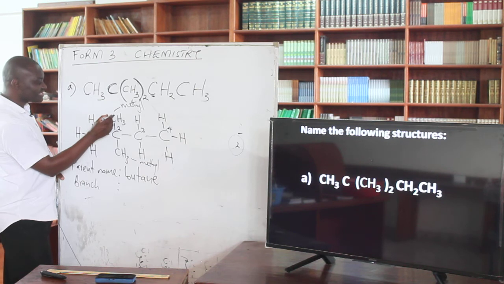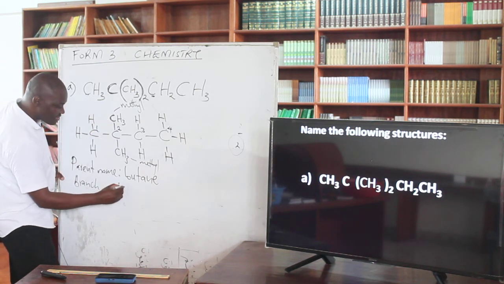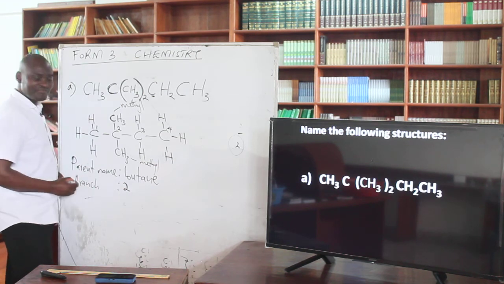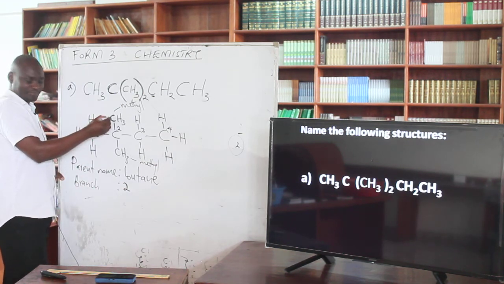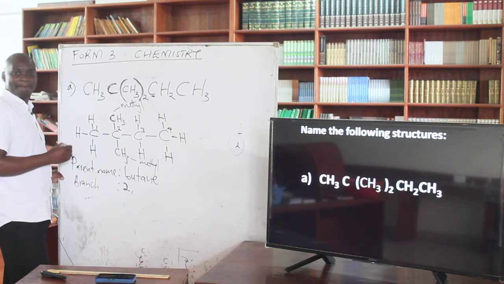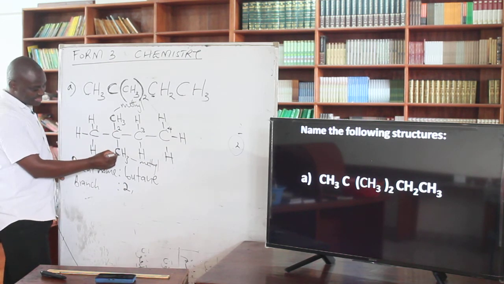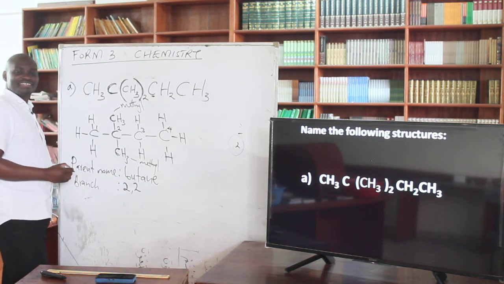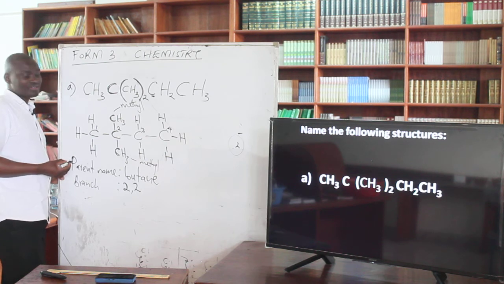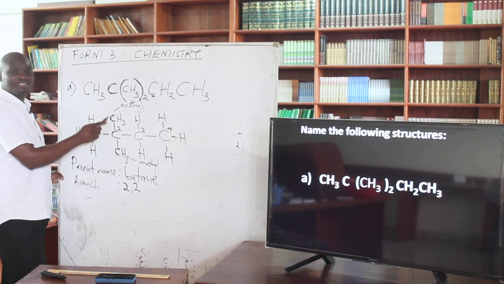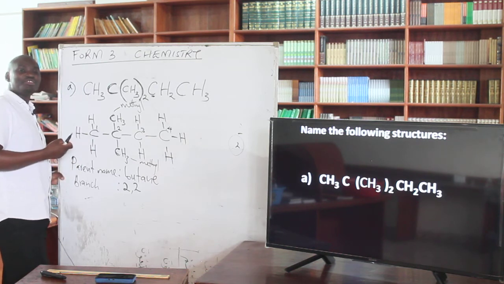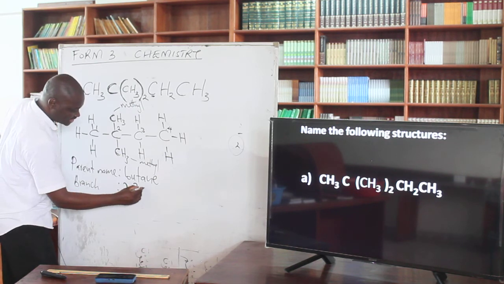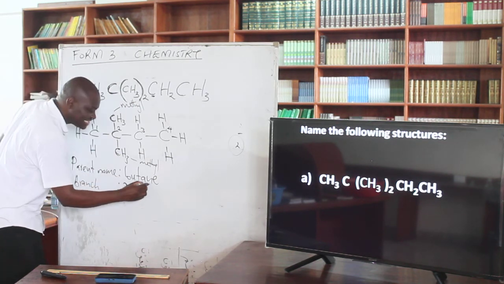So the first methyl is at carbon number 2, then you put a comma. This methyl is also at carbon number 2. Now, how many methyl groups do we have? There are 2, so we use di. If there are 3, you can use tri. So we put a hyphen, then we say dimethyl.